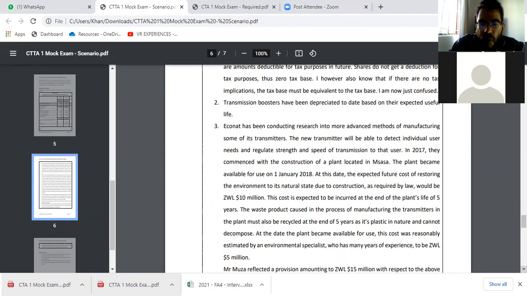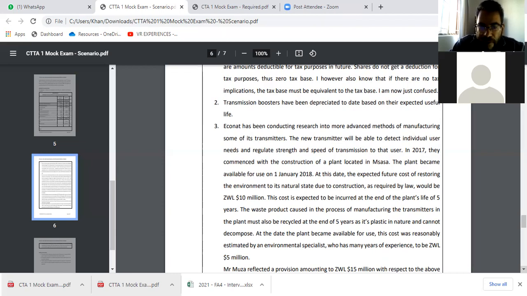as required by law, would be 10 million Zimbabwe dollars. The cost is expected to be incurred at the end of the plant's life of 5 years. The waste product caused in the process of manufacturing the transmitters in the plant must also be recycled at the end of the 5 years, as it's plastic in nature and cannot decompose.